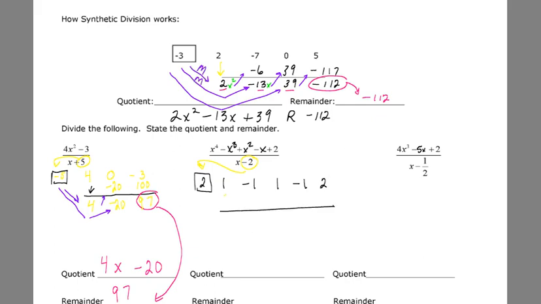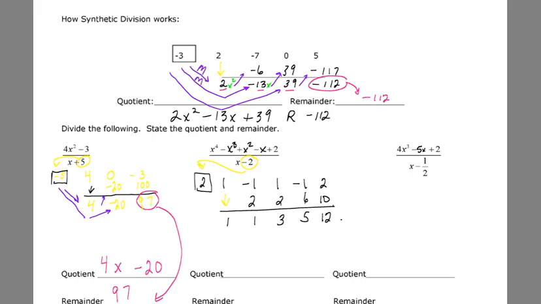Let's drop down the first coefficient, and let's start the procedure. 2 times 1 is 2. Subtract 1, we get 1. 2 times 1 is 2, plus 1 is 3. 2 times 3 is 6, minus 1 is 5. 2 times 5 is 10, plus 2 is 12.